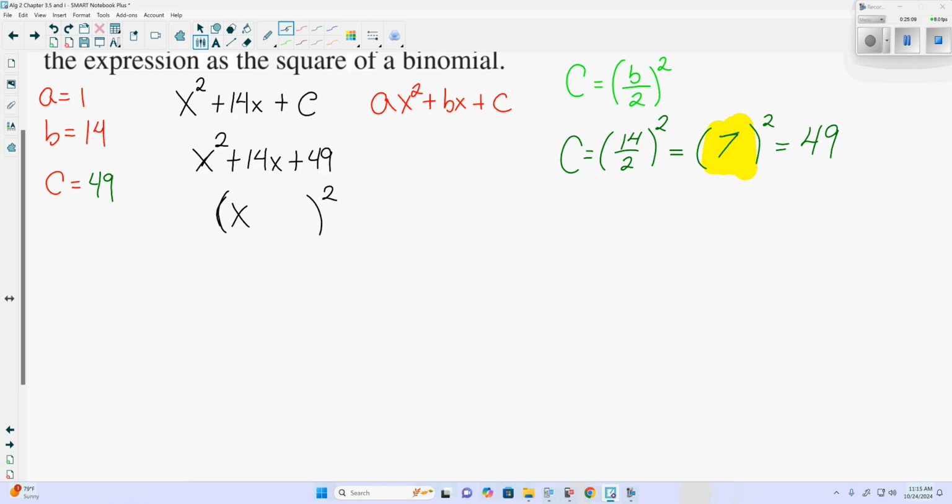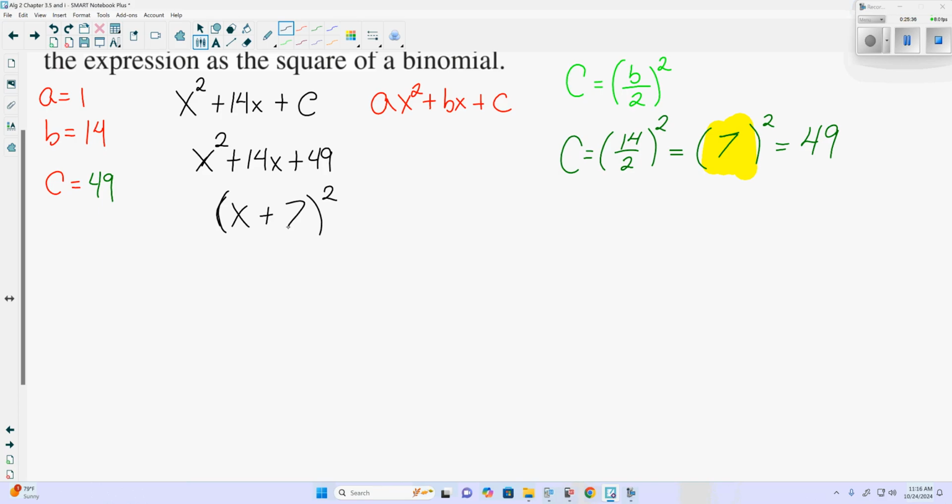Yes, so if the number inside the parentheses was -7, it would become x minus 7. So the process of finding C really gives us the other half of the factor that we need. So since it was +7 before we squared it, it's going to become x plus 7 squared. If it was -7, it would be x minus 7 squared.